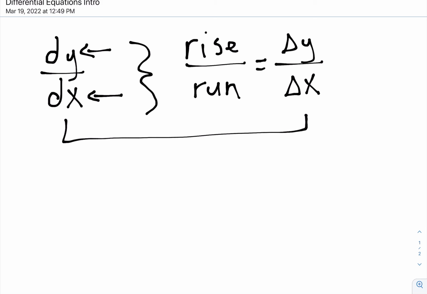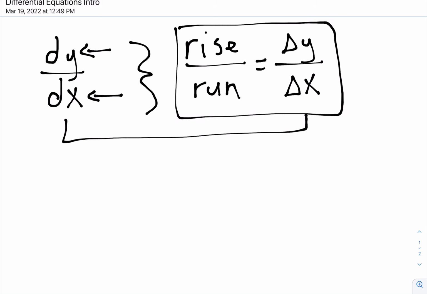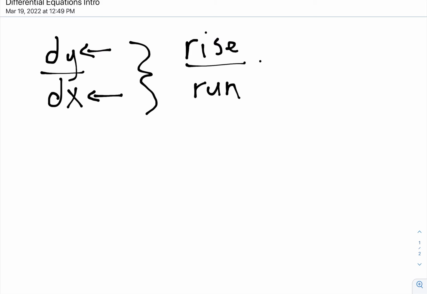The only difference is that this only works with straight lines, so it doesn't matter how big the nudge is. This dy by dx is saying the nudge is infinitely small. It's an infinitesimally small nudge, like you can't even tell that the nudge is there. It's so small, but this is how the function is changing at that exact point in regards to the nudge in y and the nudge in x. So that's how I like to think about it.